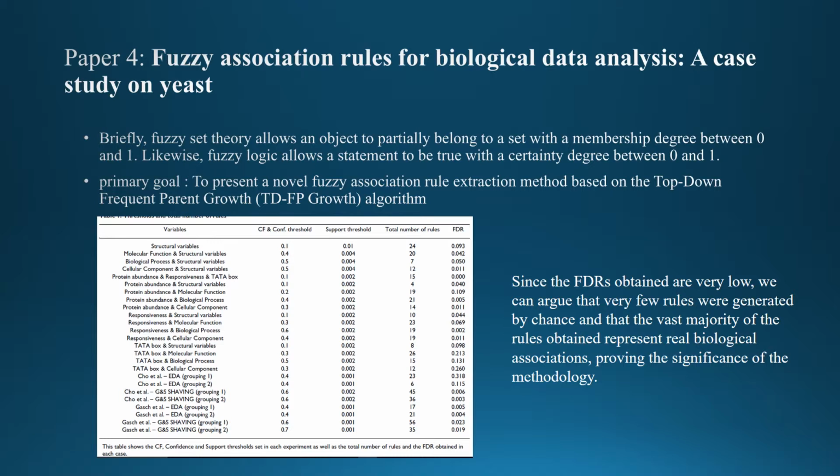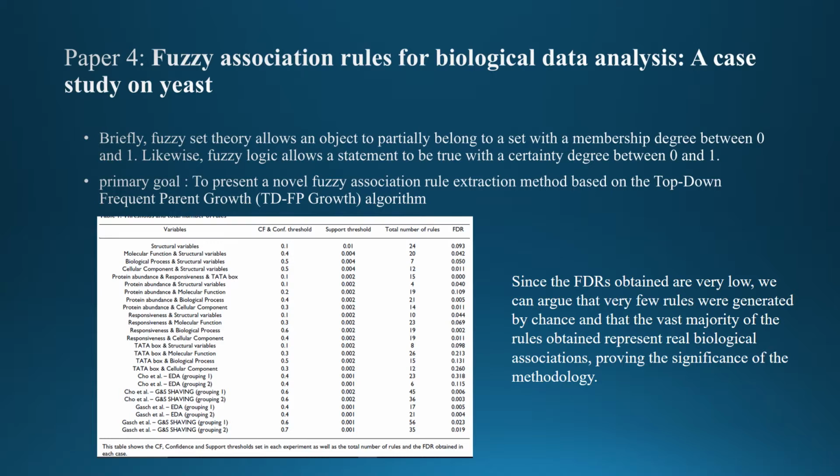The estimated number of false rules was calculated as the mean of the number of rules obtained from each of these 100 randomized datasets. In this way, the last column, FDR, the false discovery rate, allows us to check the quality of the rule sets. So this has been used as a parameter to see the quality of the dataset or the rule sets.